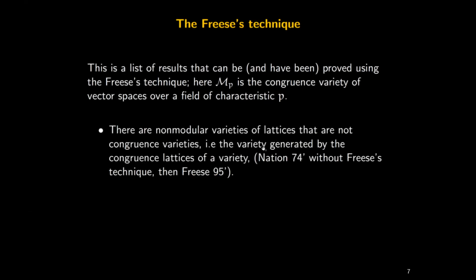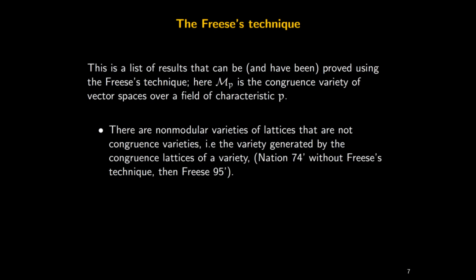And so a result in the literature that was proven also by Freese in a paper of '95 is that there are modular varieties of lattices that are not a congruence variety, so they are not generated by the congruence lattice of a variety. There are many results proving that not all varieties of lattices are congruence varieties.